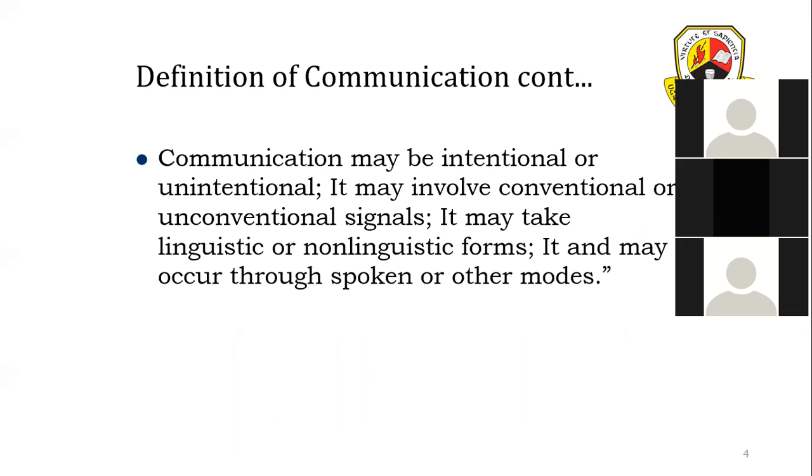Now, as we communicate, one of the things we must understand is that when somebody is trying to share something, there are things that are intended. For example, my intention is for us to understand what communication is in its fullest sense. But there are certain things that may be unintended as I communicate.